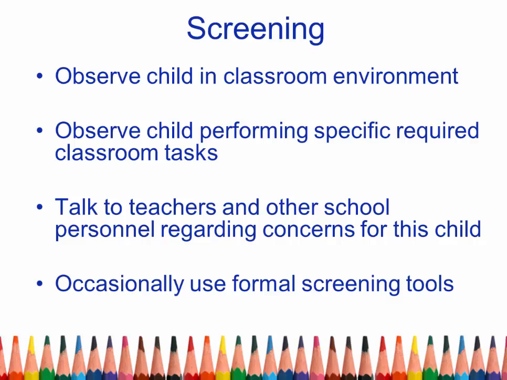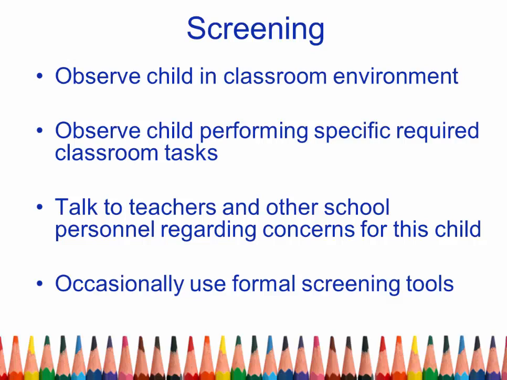Watching the kids in the cafeteria, maybe watching them get on and off the bus, toileting, that type of thing. Able to attend or follow directions. So whatever the specific problem is, you just watch them in their natural environment throughout their school day to determine whether or not they would benefit.